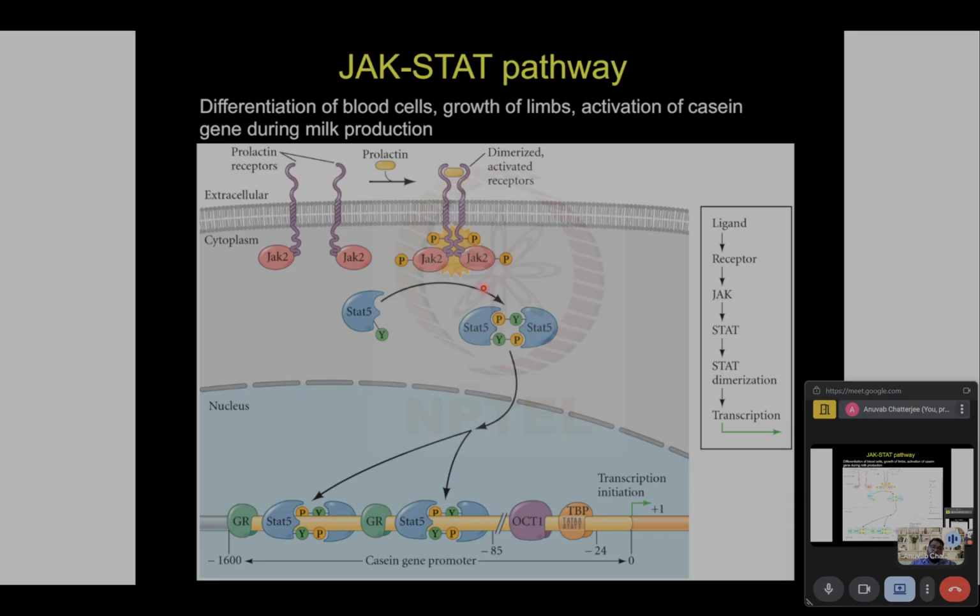So gain of function mutation of JAK is equivalent to activation of the pathway, but loss of function of the STAT5 DNA binding domain, what will that do? In the case of a transcription factor, there are two important domains that you should always know about. The first one is known as a DNA binding domain, which helps the transcription factor to recognize where it should bind and go and bind to the DNA.